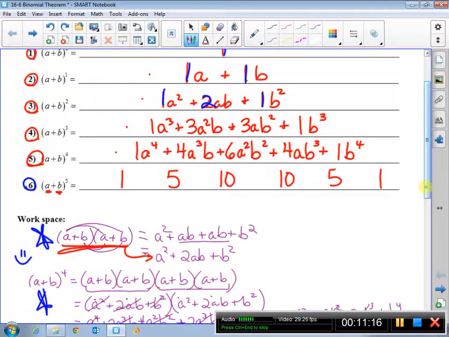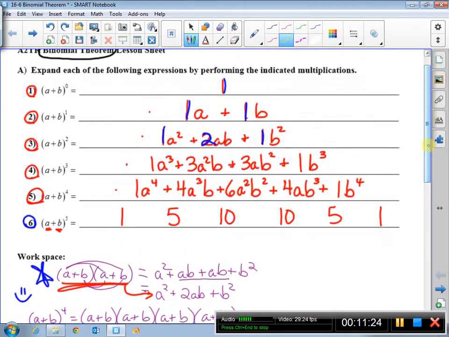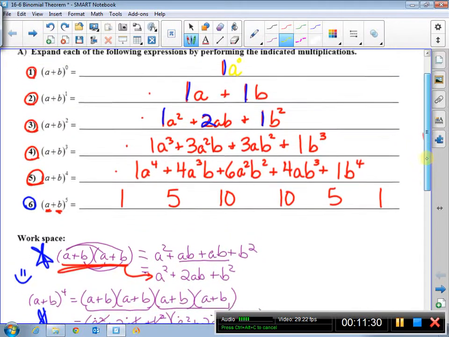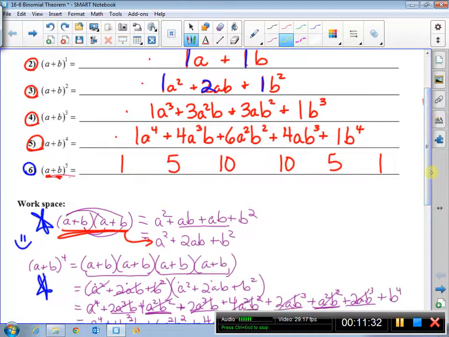I know you can't really tell me, but I hope you see that the first term in each one, and even this one, this would be a to the 0. The first term in each one is the first item in the parentheses to the power. So here I'd get 1a to the 5th plus.